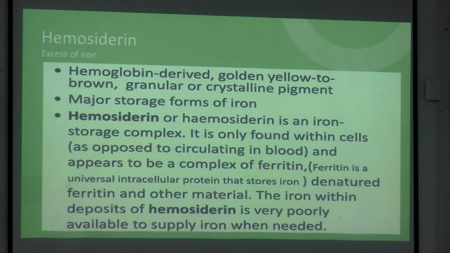Hemosiderin, another important thing. Hemosiderin is a hemoglobin-derived golden yellow to brown granular crystalline pigment. Hemosiderin is an iron storage complex. It is only found in cells and denatured ferritin and other material. So the iron within the deposits of hemosiderin is very poorly available to supply iron when needed.